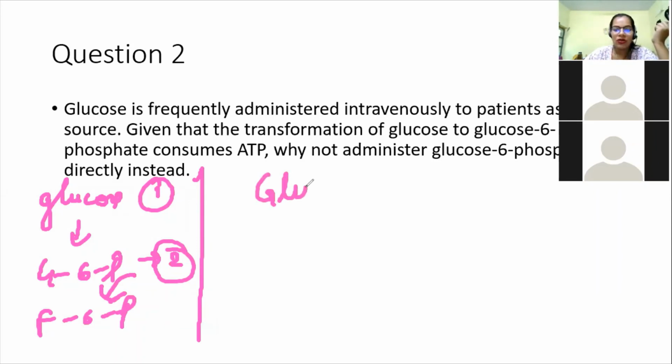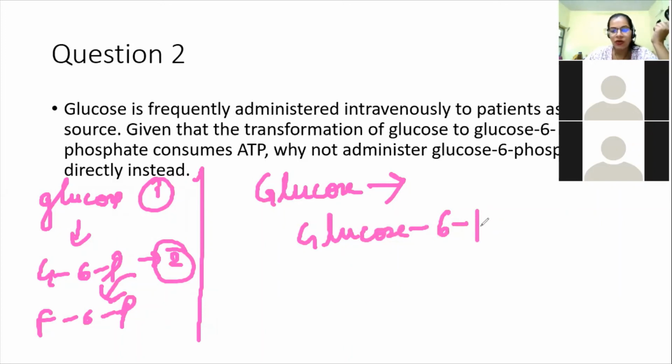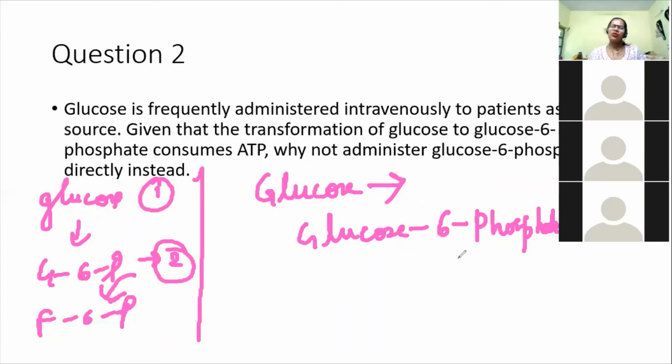Phosphate has been added to carbon 6. ATP is used, ADP is released. But I'm asking what has happened to glucose with respect to its structure and its function. What happened to glucose now?